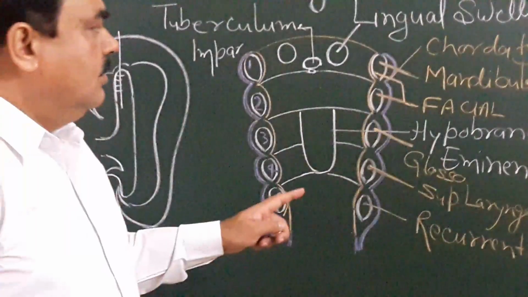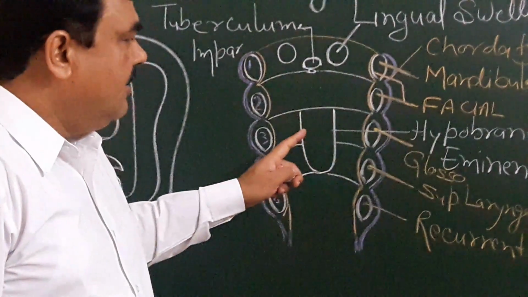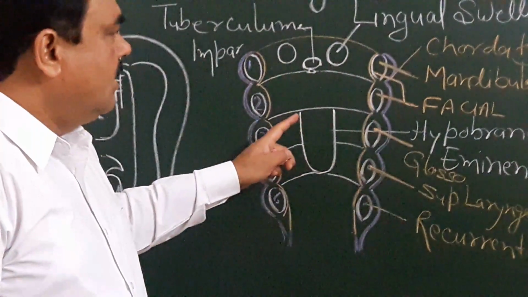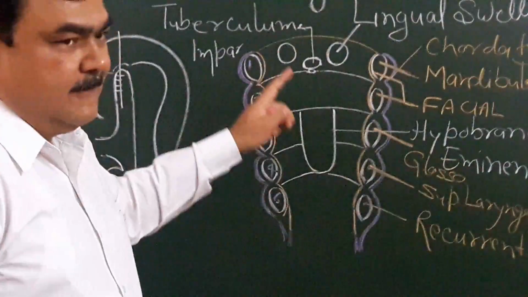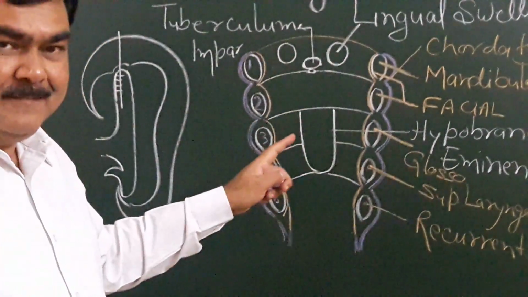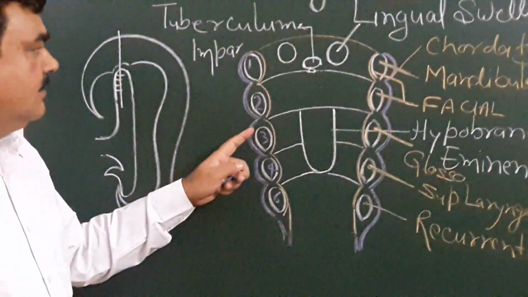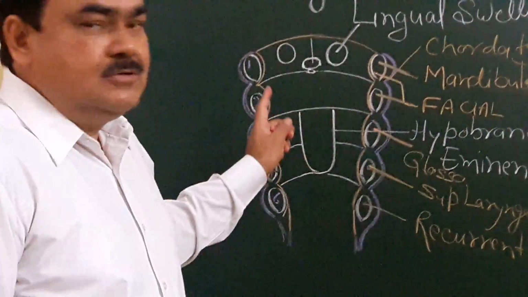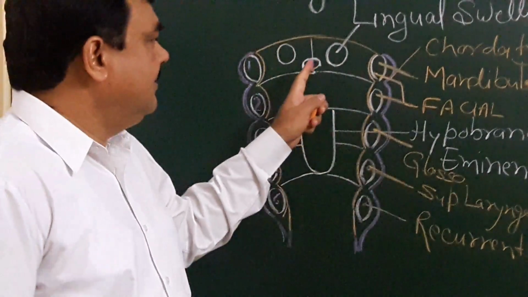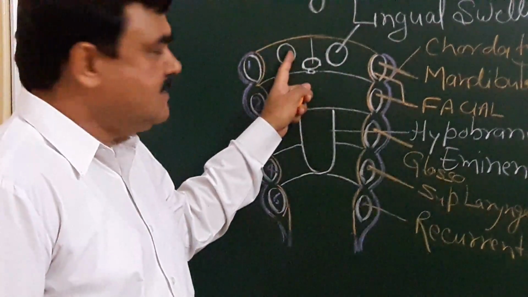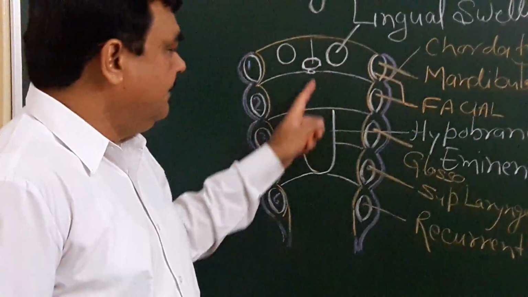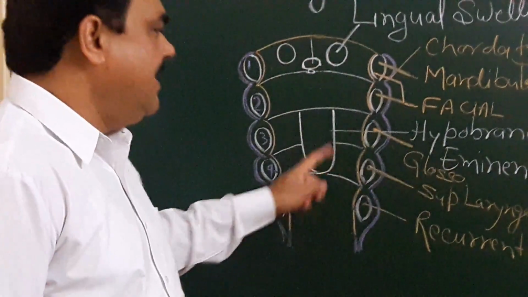After this, we'll discuss how the tongue is formed. These are the two lingual swellings, this is the tuberculum impar, and this is the hypobranchial eminence.